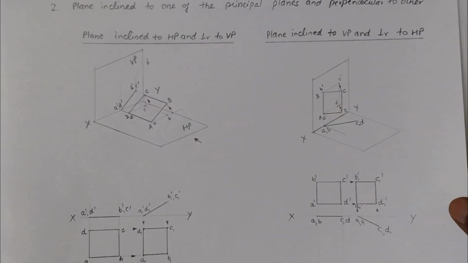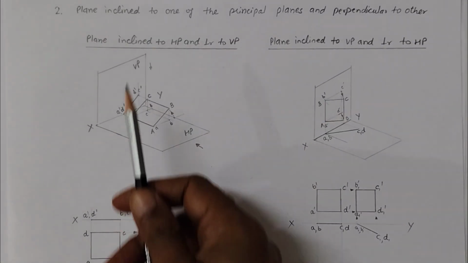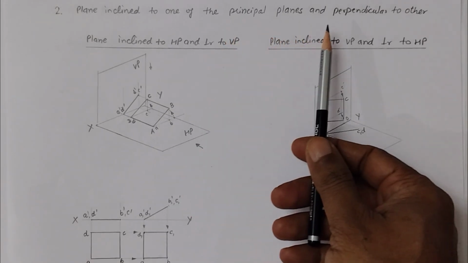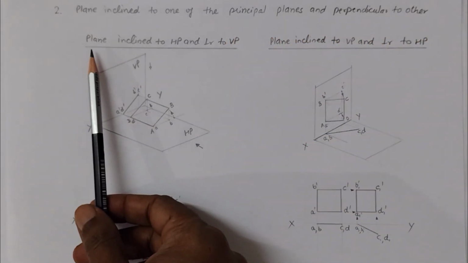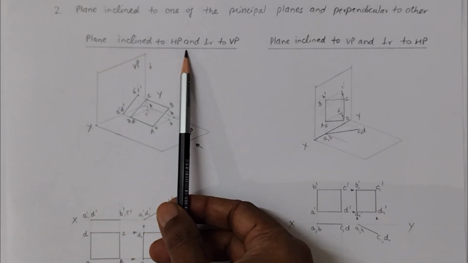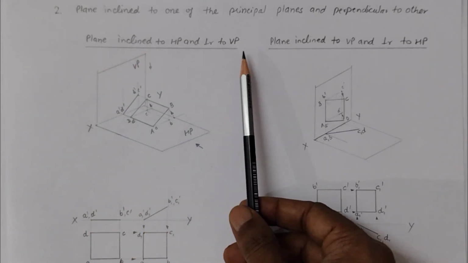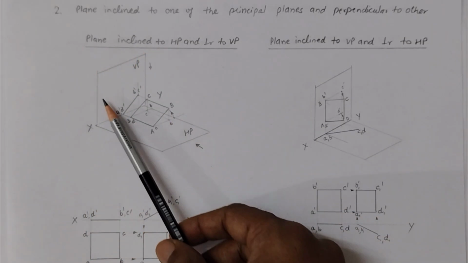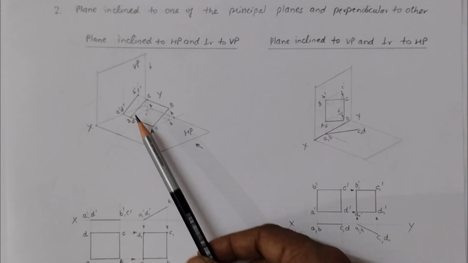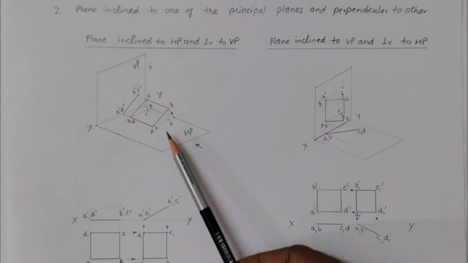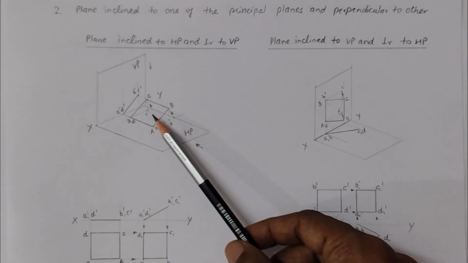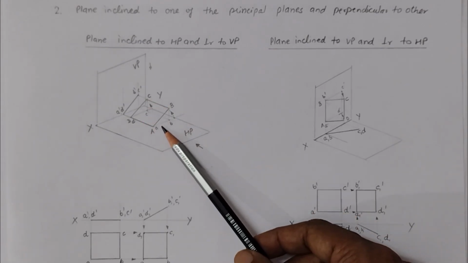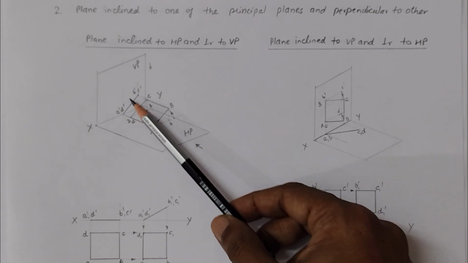Second orientation is plane inclined to one of the principal planes and perpendicular to the other. So the very first subsection is plane inclined to horizontal plane and perpendicular to vertical plane. So in this coordinate system, you can see vertical plane and horizontal plane here, and this plane, that is A, B, C, D, is inclined to HP and is perpendicular to VP.